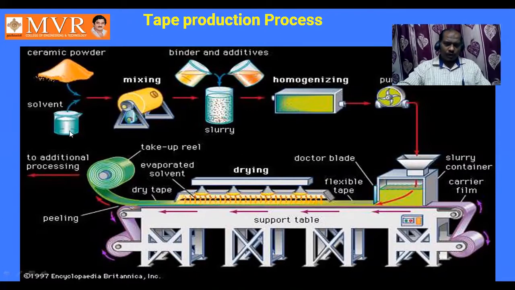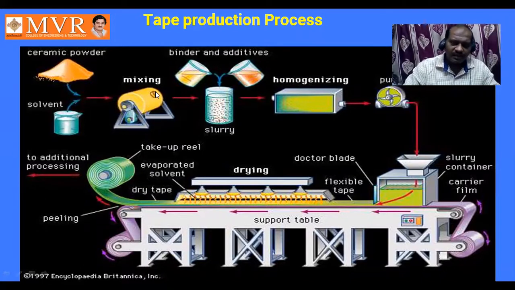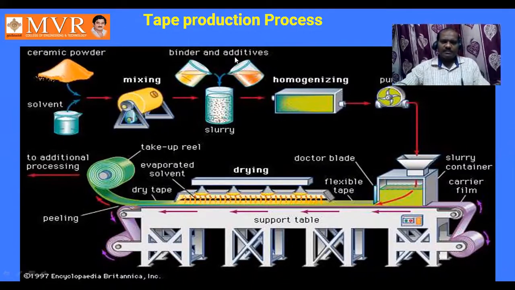These two are mixed in a mixer, and then removed from the mixer, and we add some binding agent and additives. A binding agent binds the things together, and there are additives for color changing, additives to increase the quality, and additives to increase the physical properties of a tape based upon the application.